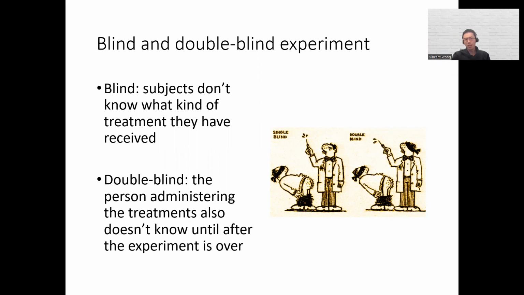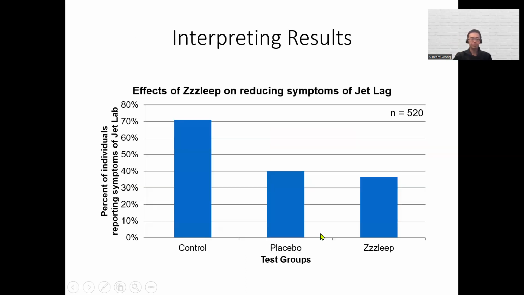Some third party that has no financial ties to the results will be the one analyzing the data. Okay, so that minimizes conflict of interest. So double-blind experiment is the gold standard of how experiments are being done.